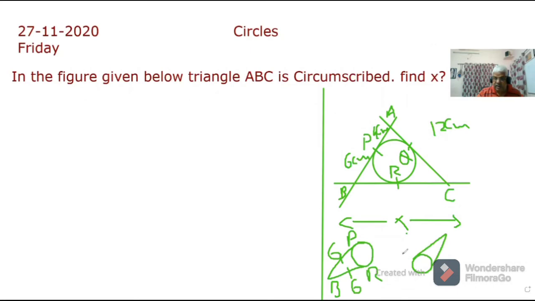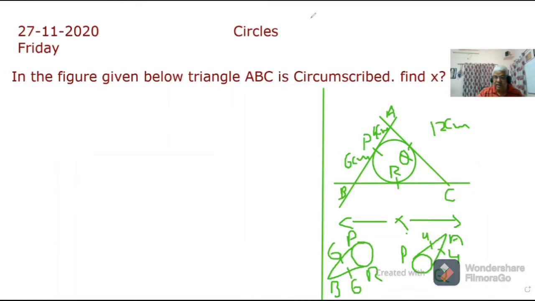Now, next I take P, A, Q. PA is 4 centimeter and this AQ will also be 4 centimeter because the tangents are drawn from the external point of the circle.